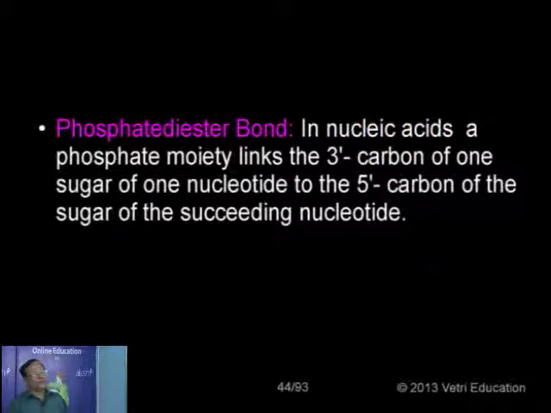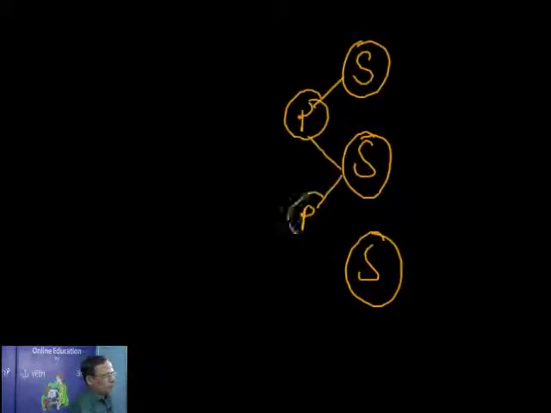phosphodiester bond. In the case of nucleic acid, you know that the backbone is formed of sugar and phosphate. I'm taking in this manner, one strand. The backbone of nucleic acid is formed of sugar and phosphate molecules which are arranged alternately. Sugar and phosphate.